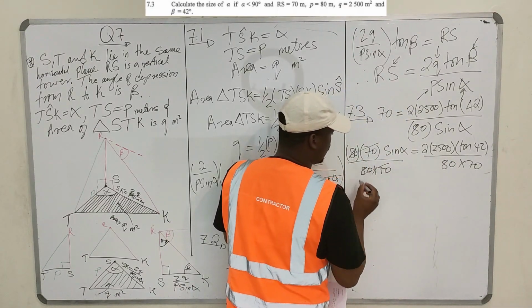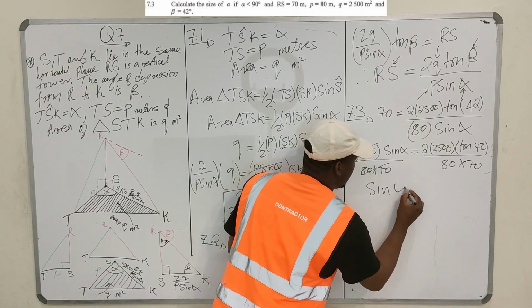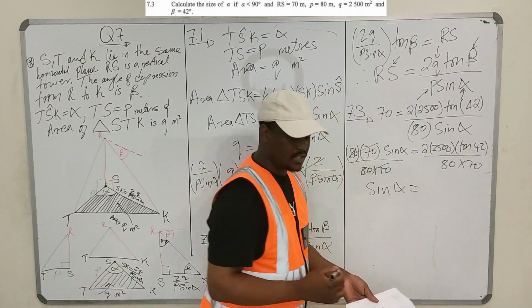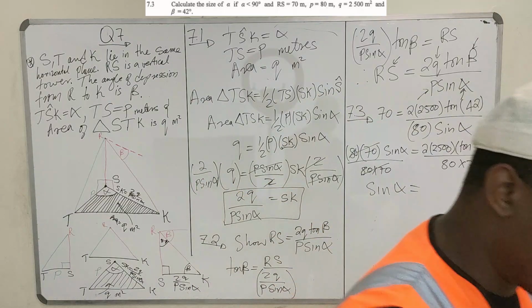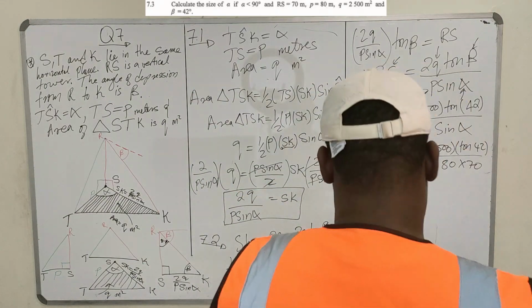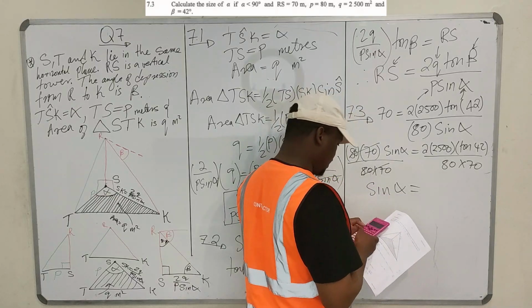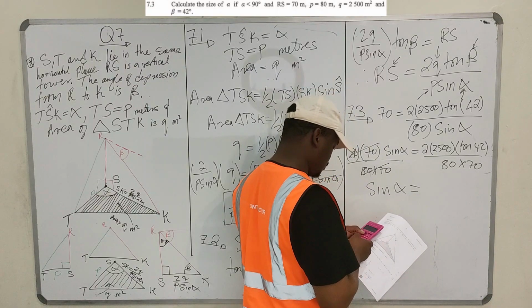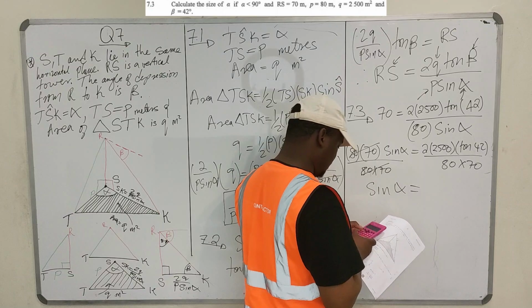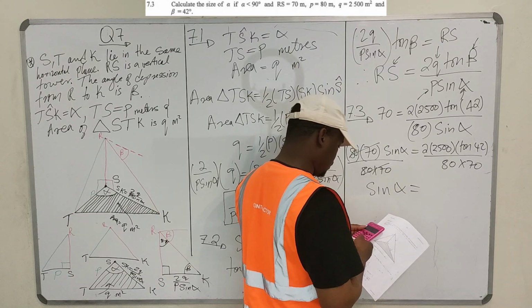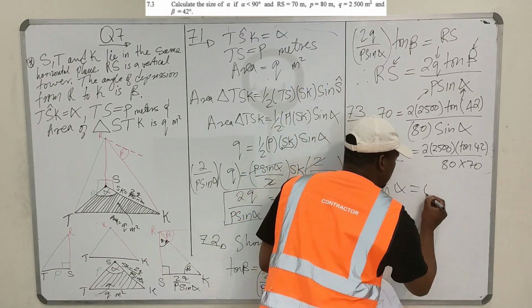So this and that go away, so you're still left with sine alpha is equal to the answer of whatever this thing is. So if you punch that into a calculator, 2 times 2,500 times tan 42, all divided by 80 times 70, this is 0.804.